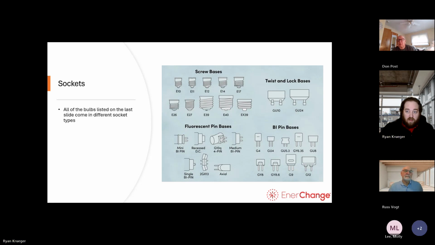And then the biggest thing is fluorescent pin bases. There's mini bi-pin, there's recessed DC, there's 4 pins, there's 2 pin.